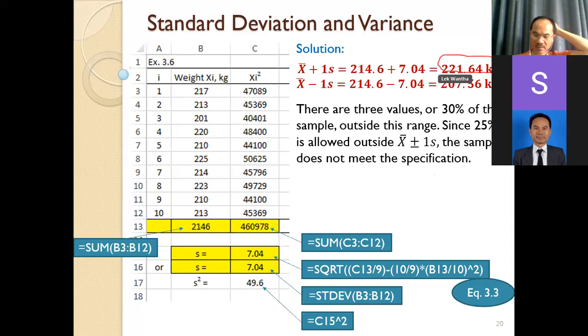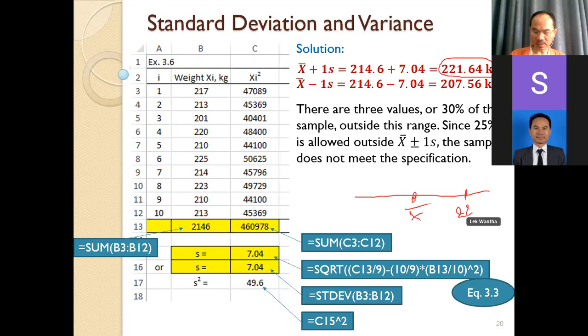Okay, this is the maximum, the minimum. We check your values: are there any values higher than the maximum or lower than the minimum? If we plot, this is the mean x bar, this is the maximum 221.64, this is the minimum 207.56.